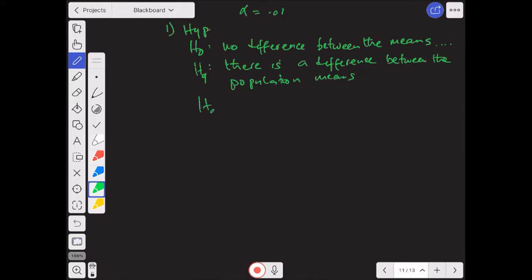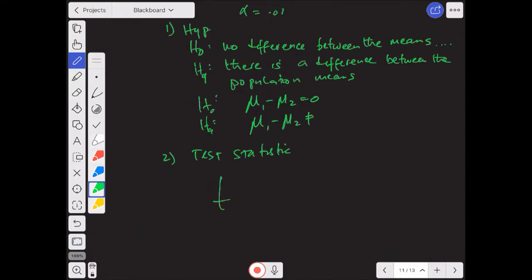If we write that in symbols, H0 and HA, then we are saying if there's no difference, that mu1 minus mu2 would be 0. In other words, mu1 is equal to mu2. But if we say that there is a difference, then mu1 minus mu2 is not 0. It could be negative, it could be positive. All right? Step 2, test statistic.